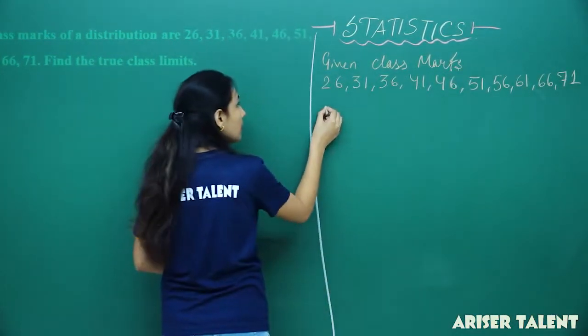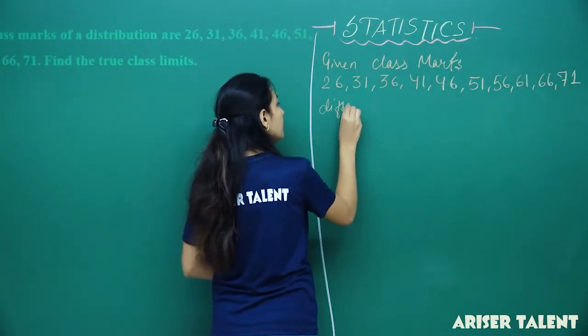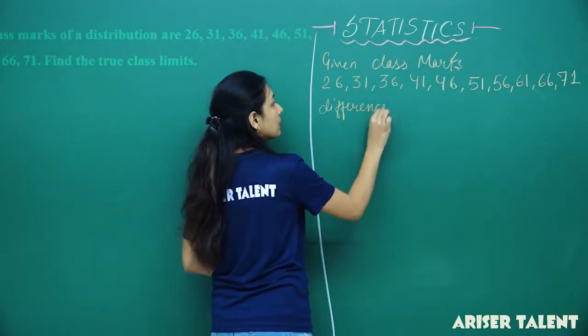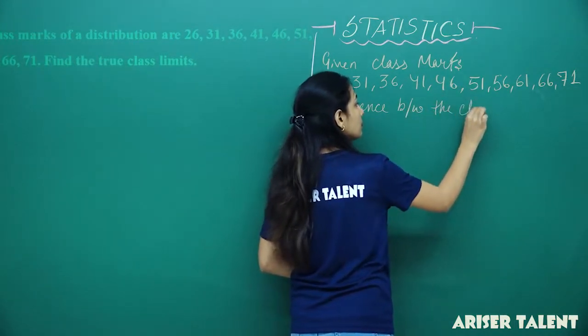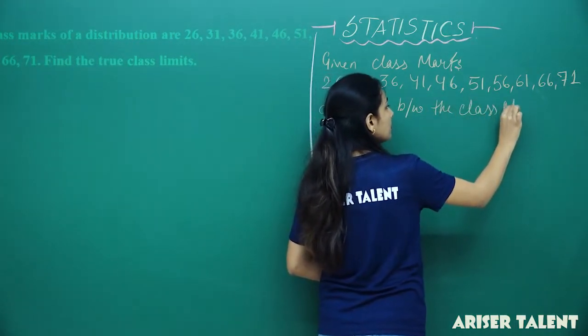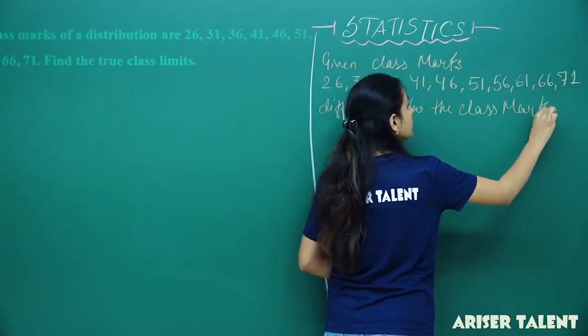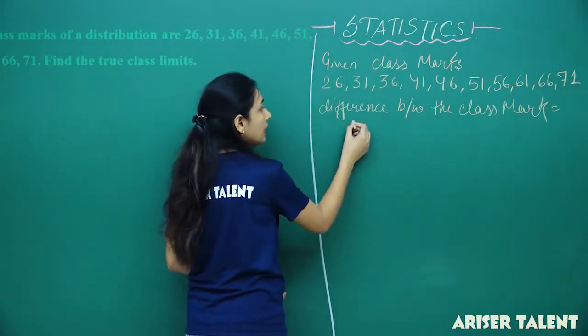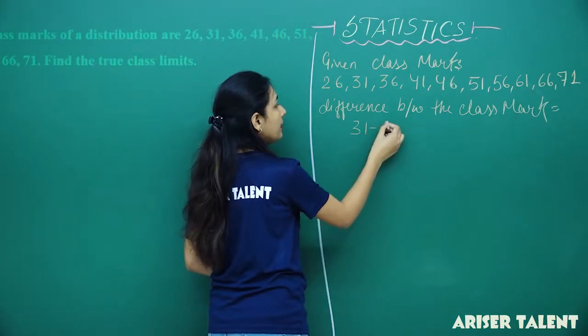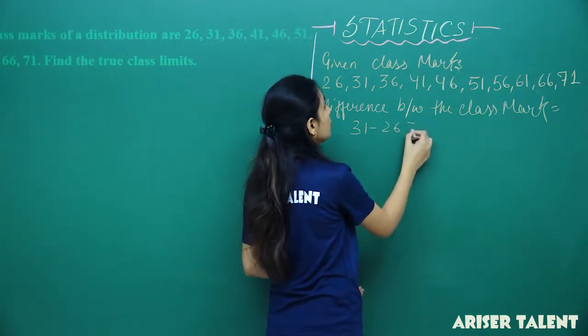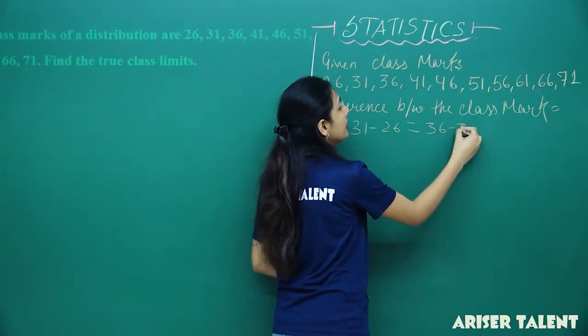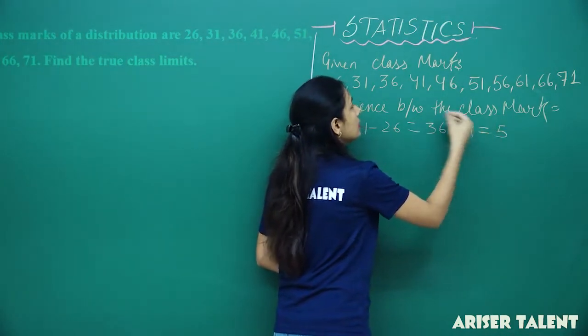Now, the difference between the class marks is equal to how much? You can say 31 minus 26, equal to 36 minus 31, that will always be similar.